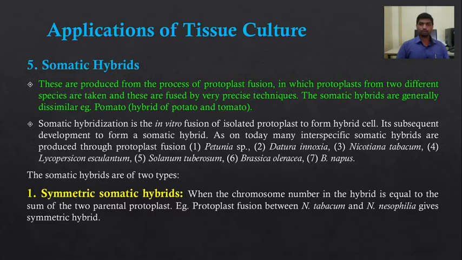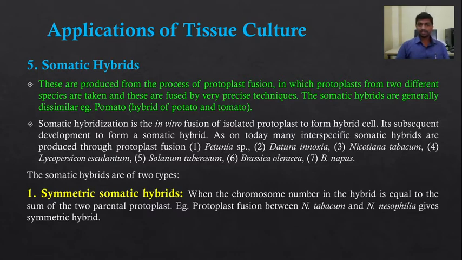For example, protoplast fusion between Nicotiana tabacum and Nicotiana nesophila gives a symmetric hybrid, where the chromosome number is equal to the sum of the chromosome numbers of the two parents.